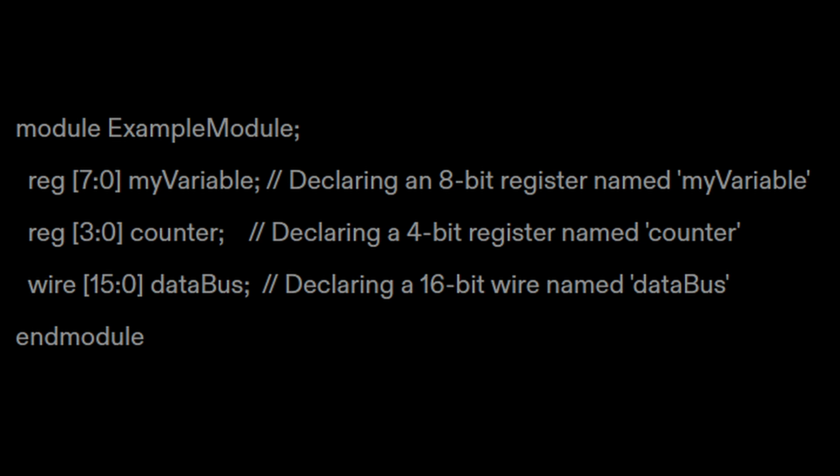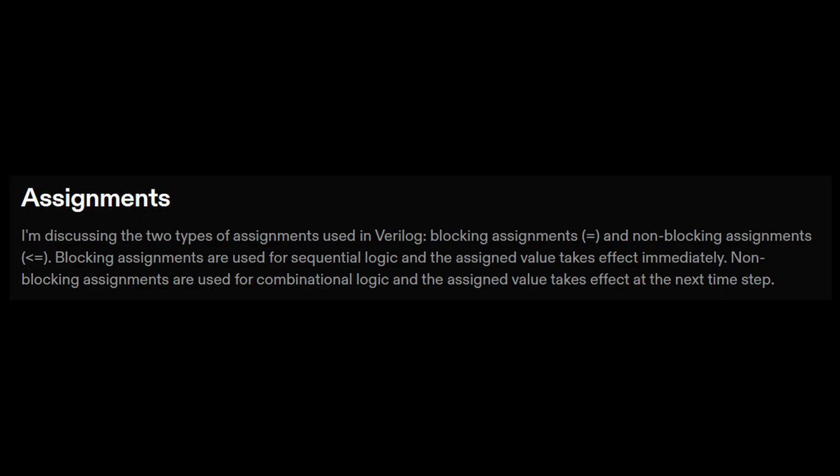When declaring variables in Verilog, we specify the data type followed by the variable name. We can also use the MSB/LSB notation to specify the size of the variable, indicating the most significant bit and least significant bit. In Verilog, we have 2 types of assignments used to assign values to variables: blocking assignments and non-blocking assignments.